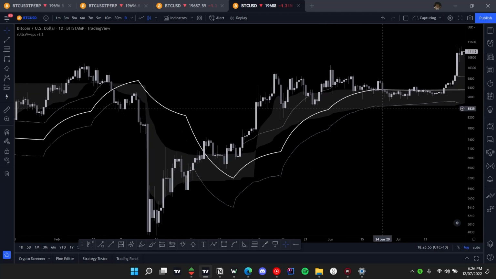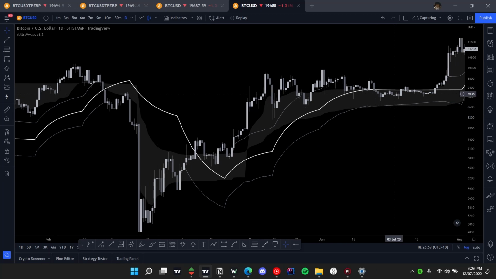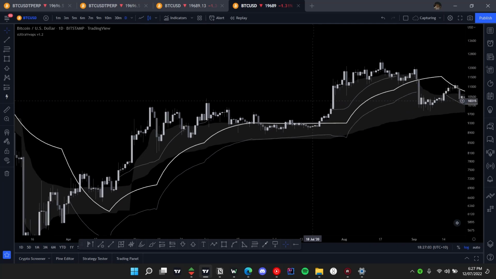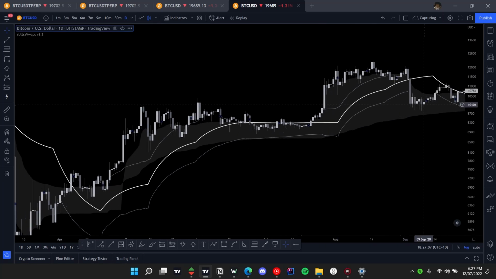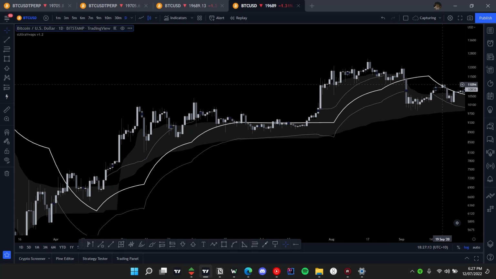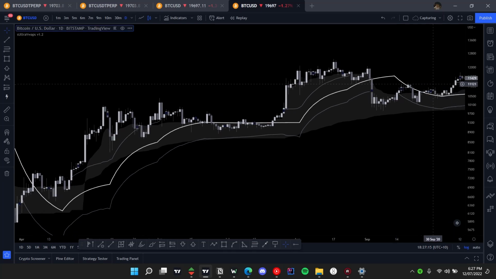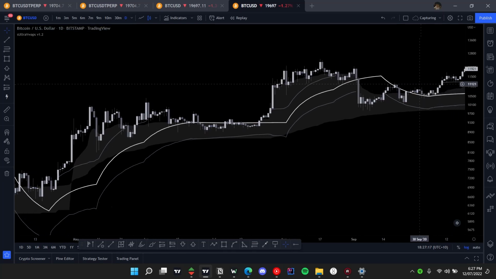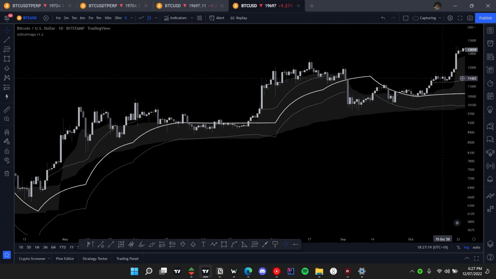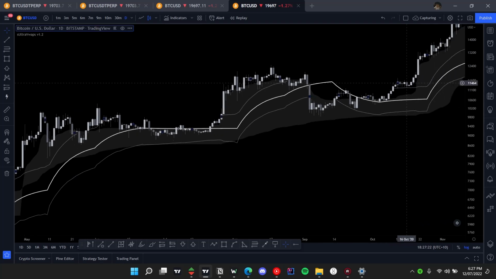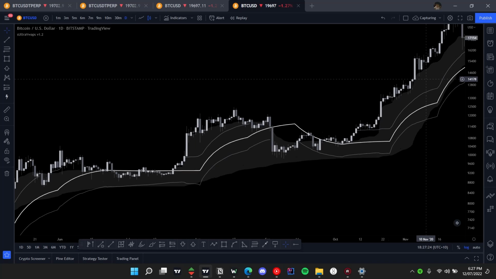Continuation, the midpoint, the lower level. If we get price close to the lower level, we take another long. At the midpoint we have a retest here, but this retest immediately got stopped out right on this region, so we're gonna long again, retest of the upper level, moving up.